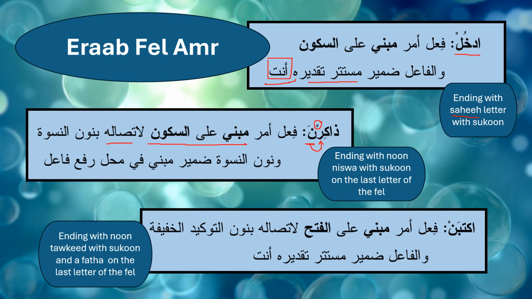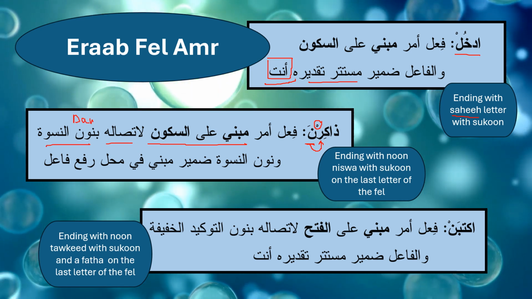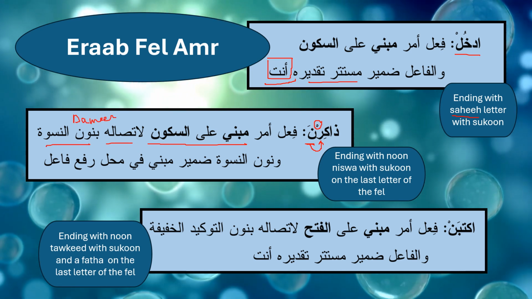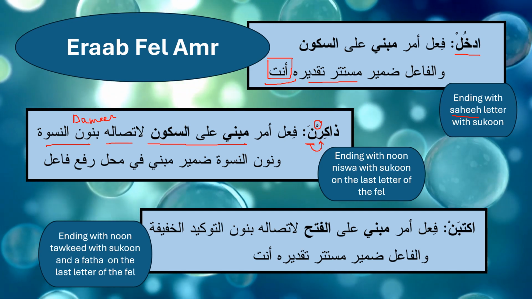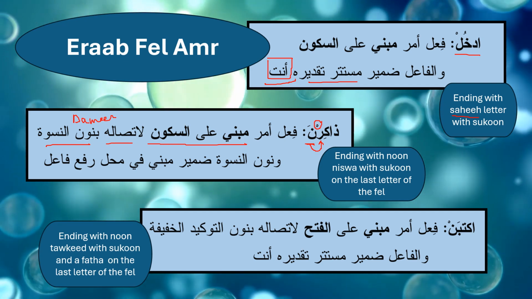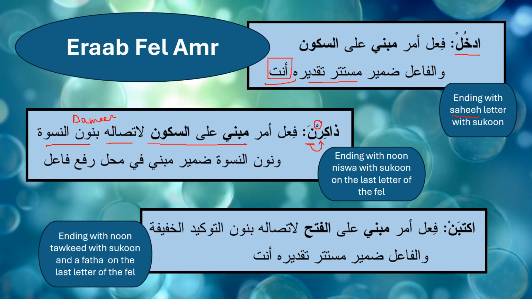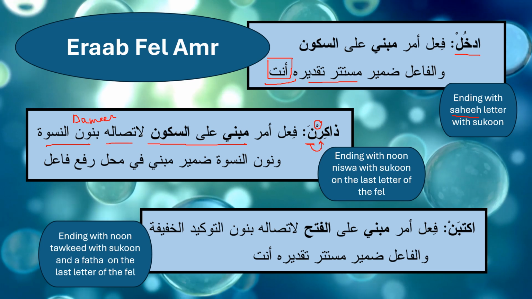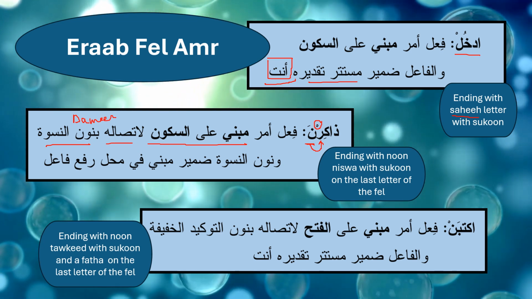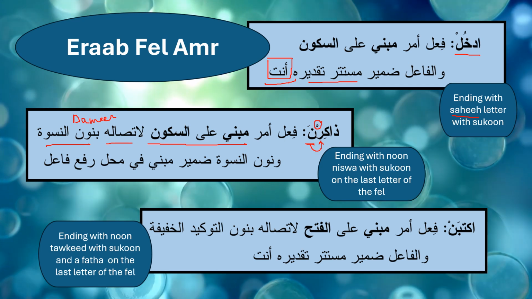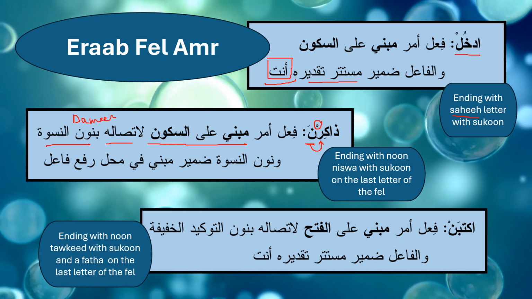Ittisal means it is attached with a noon niswa, that is the damir here, and that damir is noonun niswa, damir mabni. Remember, the noon niswa is always a mabni damir. It is not the extra noon as you get in the afalul khamsa that is always deleted. This noon niswa is a damir for feminine plural. It never gets deleted, so don't get confused that this is the extra noon of the afalul khamsa.